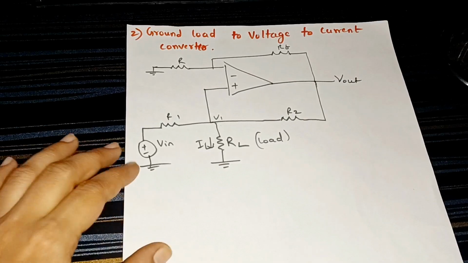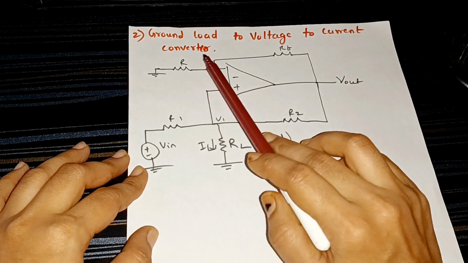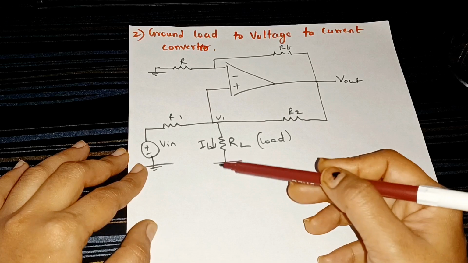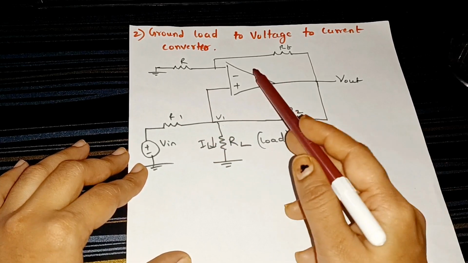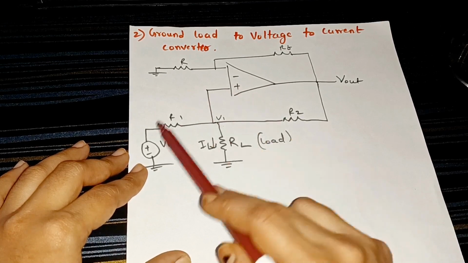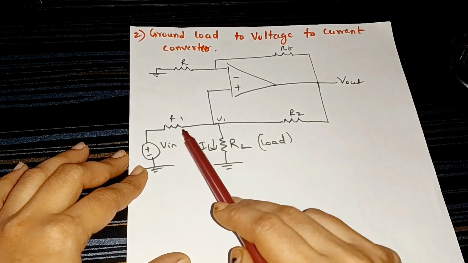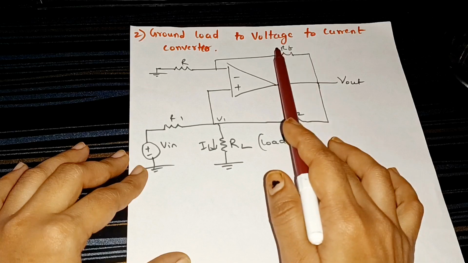Next we have the grounded load voltage to current converter. That means the load is directly connected to the ground where the input is given. In the previous one we also gave the input to the non-inverting terminal, but there we connected the load to the inverting terminal.